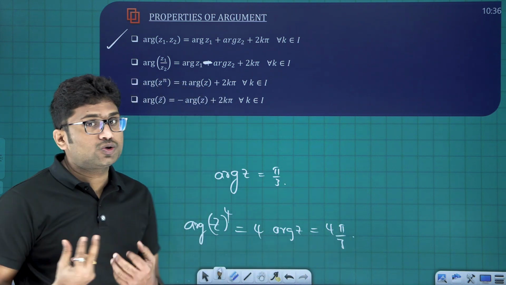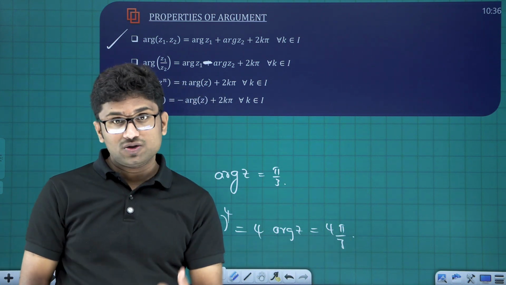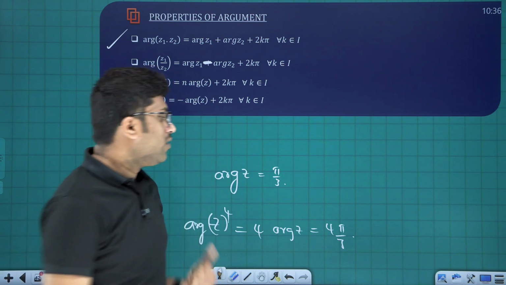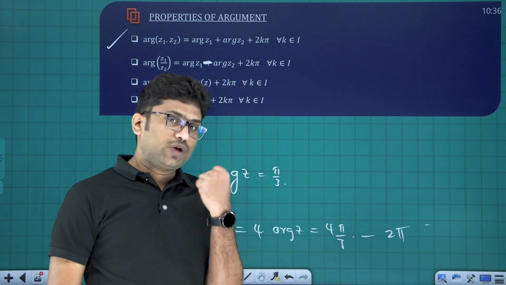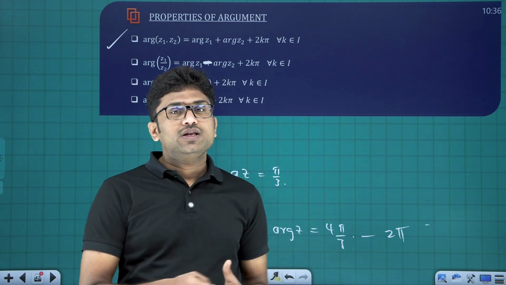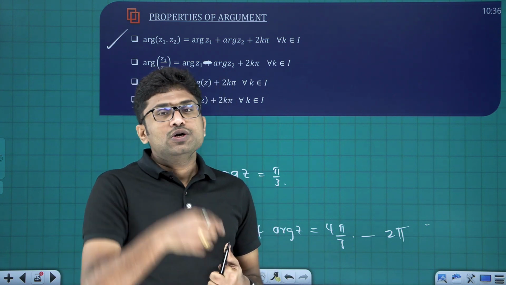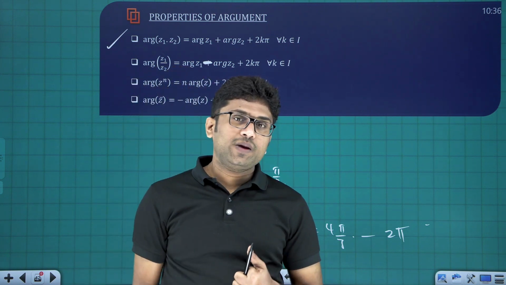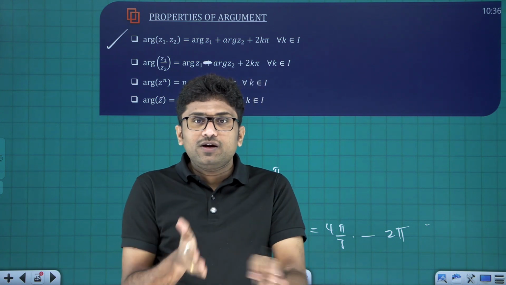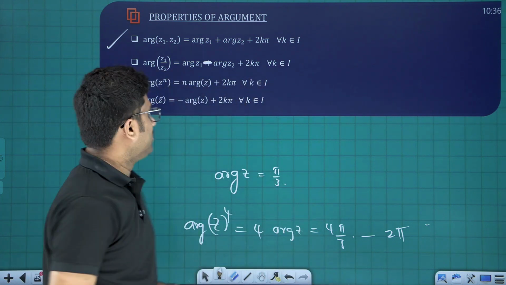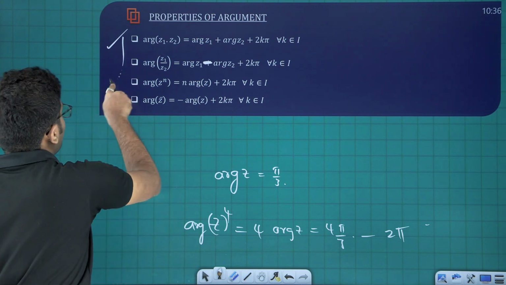But principal argument should always be less than or equal to pi, no? For that, what do we do? We subtract 2 pi. So in this 2k pi, put k equals minus 1, then we get minus 2 pi, which can be subtracted. So by subtracting 2 pi from 4 pi by 3, my value will be adjusted in between minus pi and plus pi. Okay? These are very important, friends.